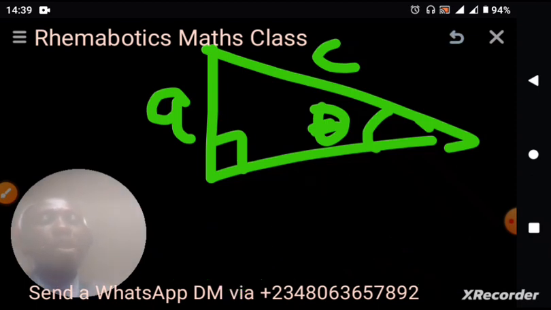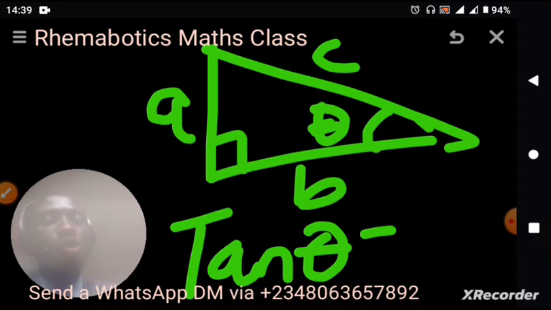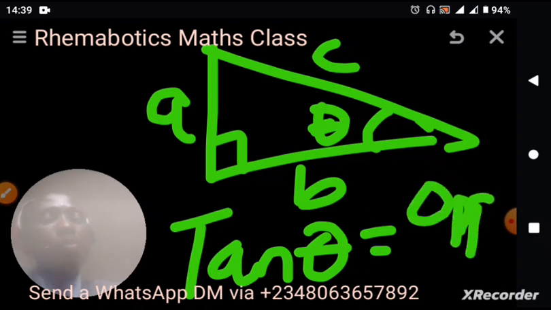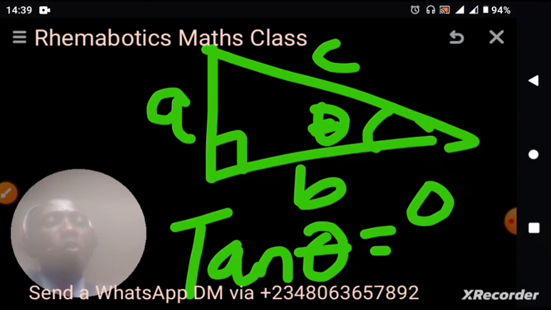Tan theta in the SOHCAHTOA is opposite over adjacent. Our opposite side is A, while our adjacent side is B.